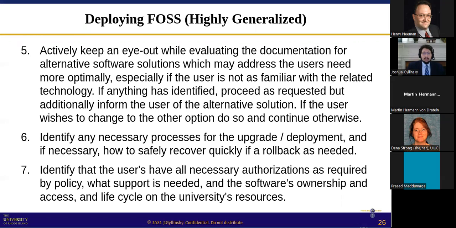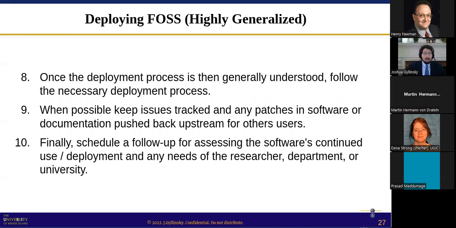And document anything that's changed, identify any necessary processes for that upgrade, and make sure that all the authorizations, policy, et cetera, for the software's ownership and its life cycle on the university's resources are accounted for.